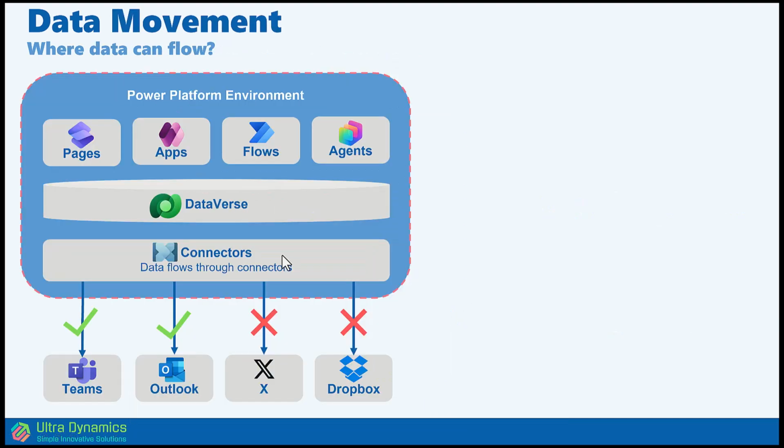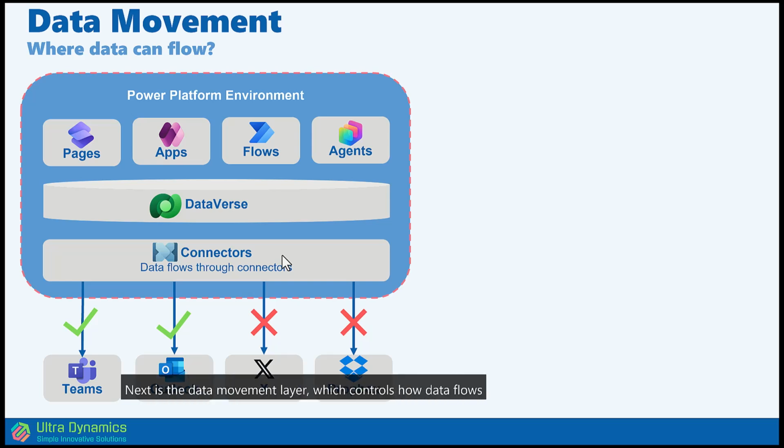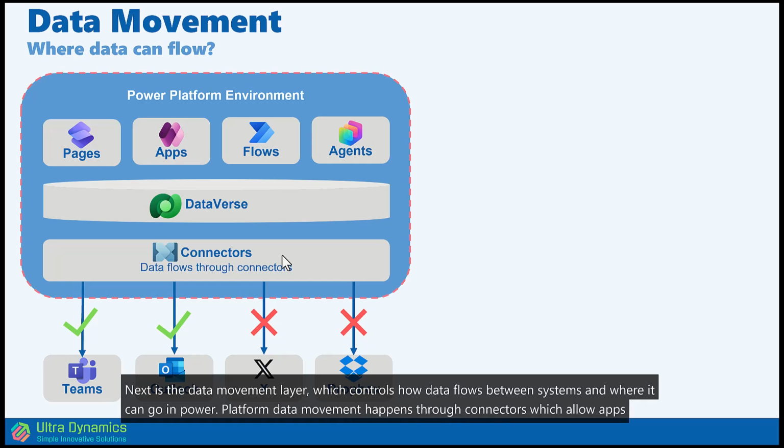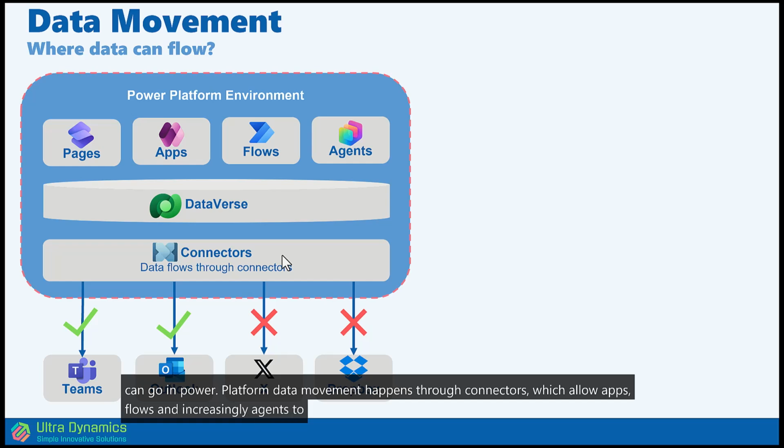Next is the data movement layer, which controls how data flows between systems and where it can go. In Power Platform, data movement happens through connectors, which allow apps, flows, and increasingly agents to interact with different services.